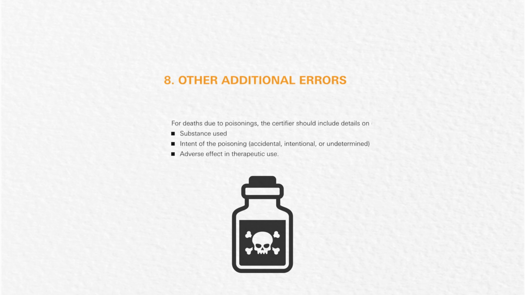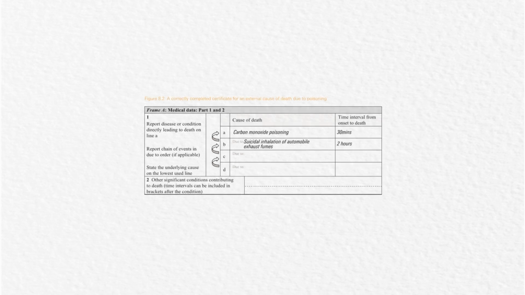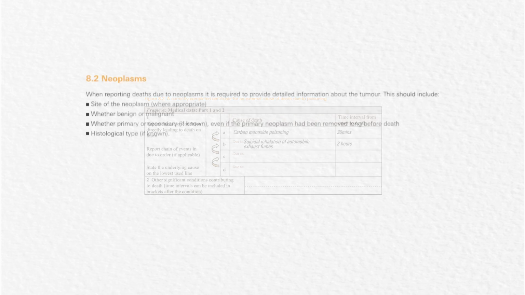For deaths due to poisonings, the certifier should include substances used, intent of the poisoning, that is accidental, intentional or undetermined, and adverse effect in therapeutic use. This is an example of suicidal inhalation of automobile exhaust fumes leading to carbon monoxide poisoning. Number 2.